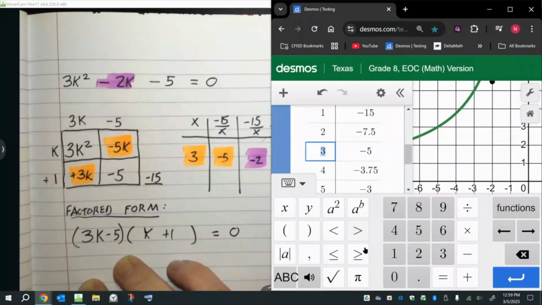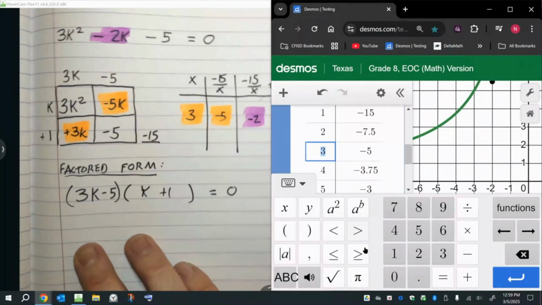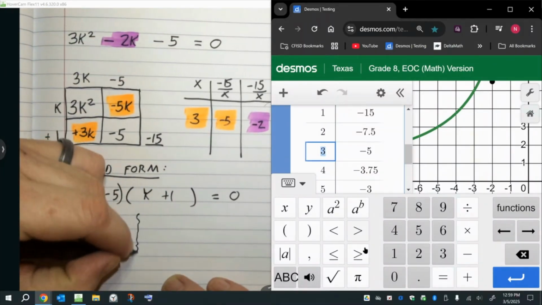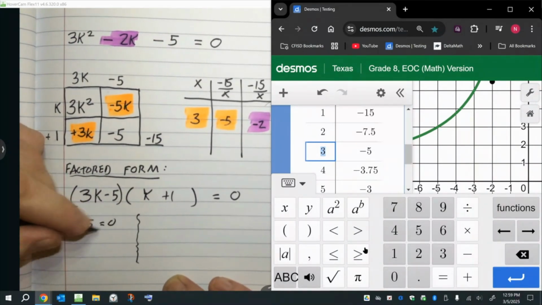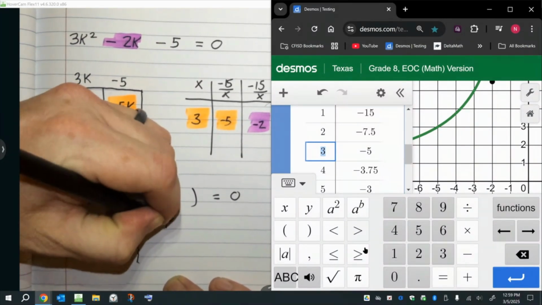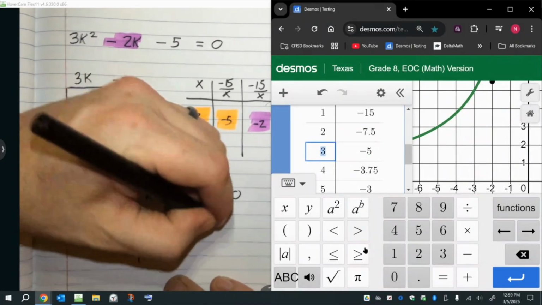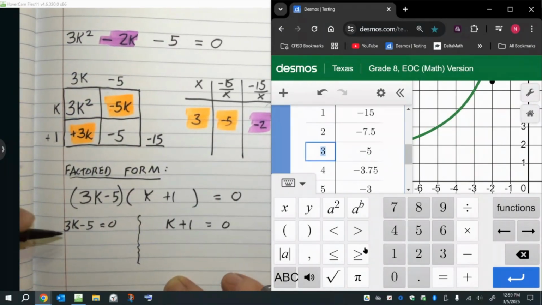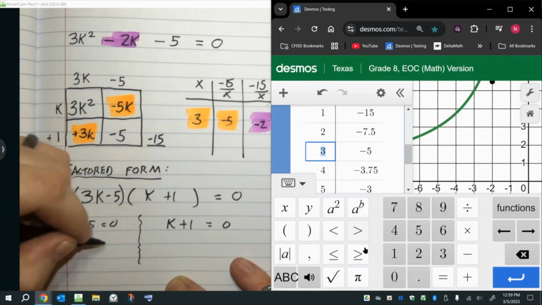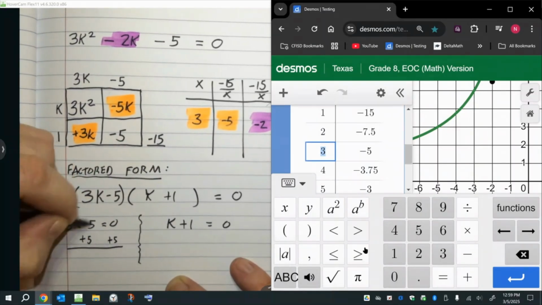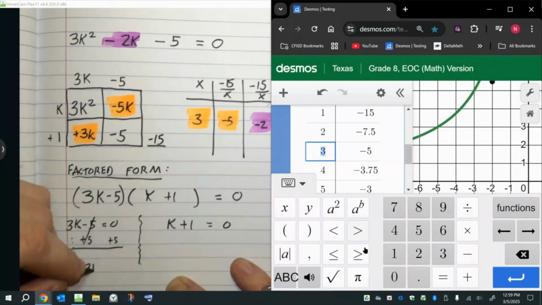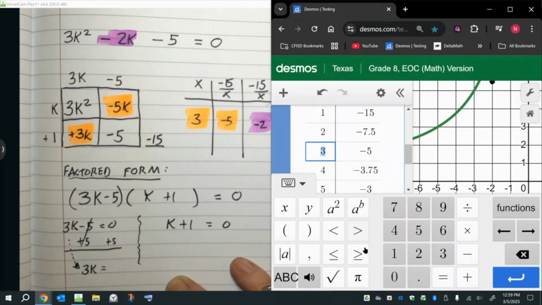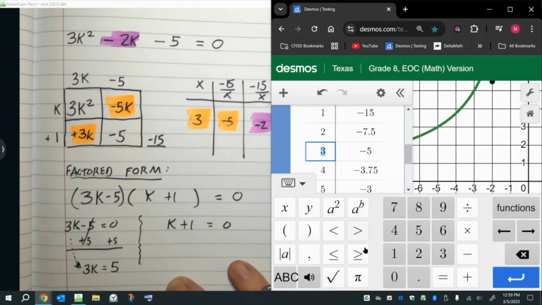equals 0. Then what do I do? Oh, draw a little squiggly. Set both of them equal to 0 separately. And solve them both. Oh, add 5 here. Bring down my 3K. 0 plus 5, 5.